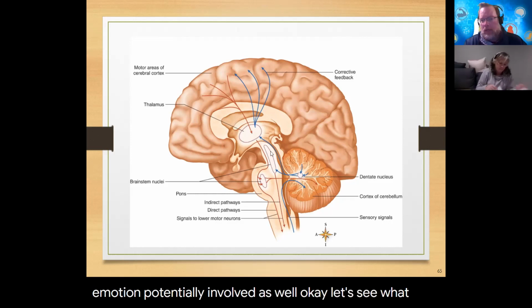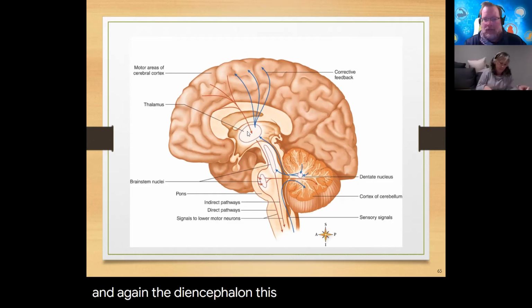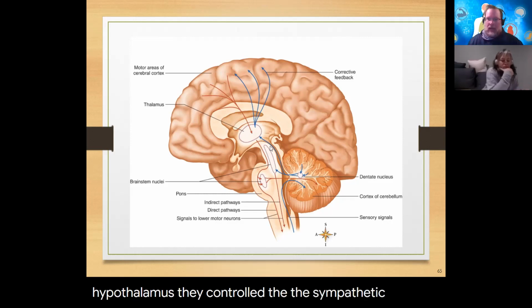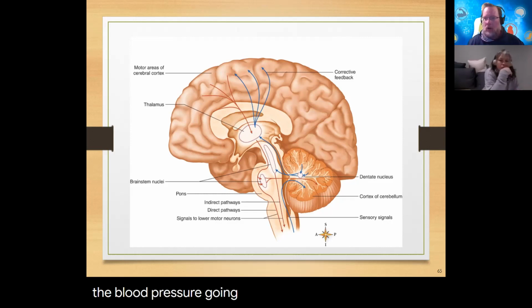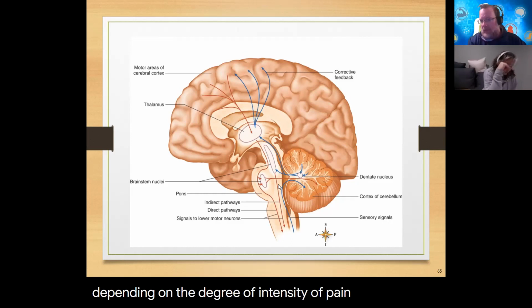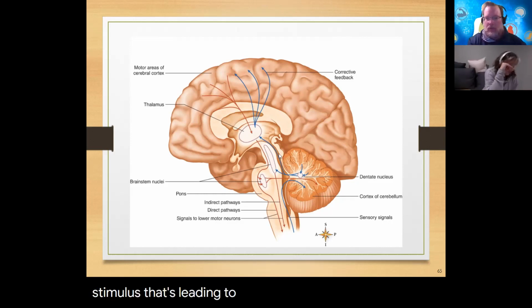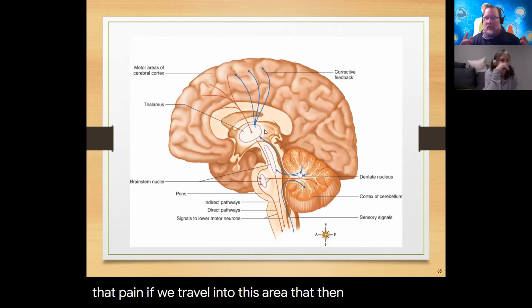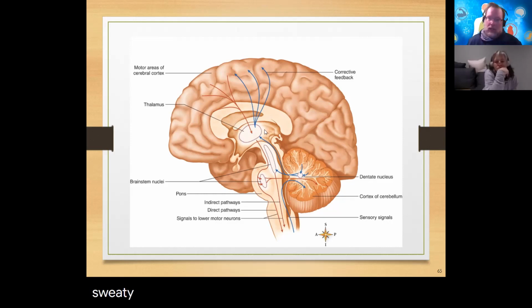Oh, and again, the diencephalon, this area of the thalamus and hypothalamus, they control the sympathetic aspects, the blood pressure going up, heart rate going up. So again, depending on the degree of intensity of pain or of stimulus that's leading to the nociceptors picking up that pain, if we travel into this area, then that pain gets your heart racing, gets you sweating, gets you kind of maybe even feeling a little bit woozy.